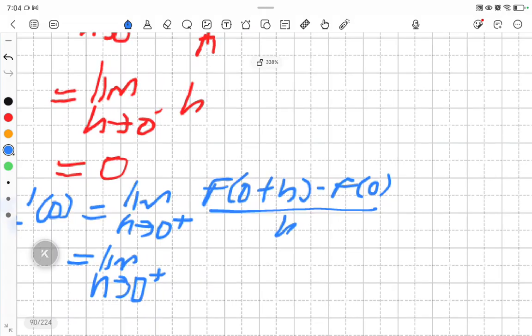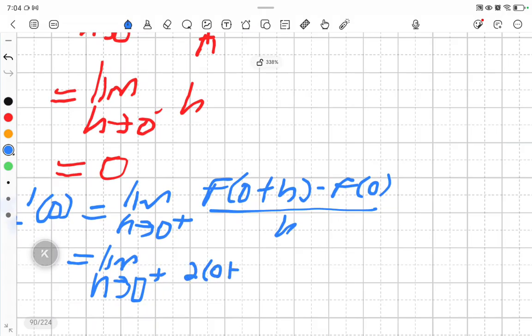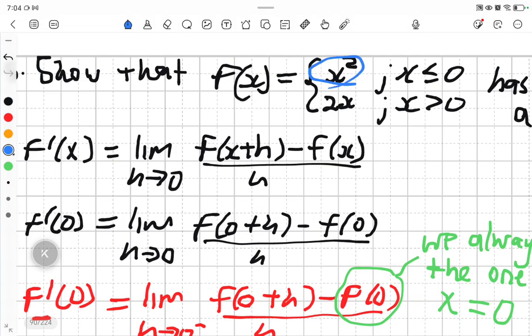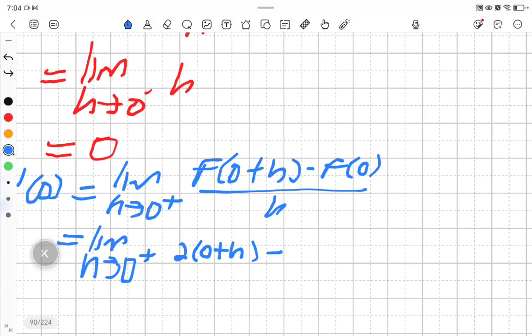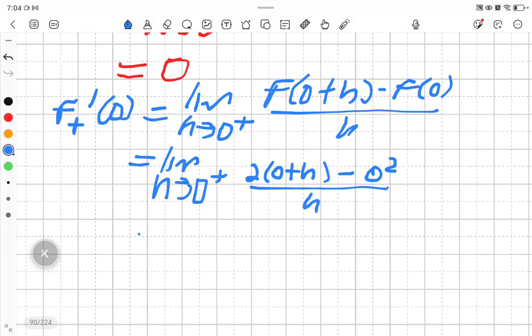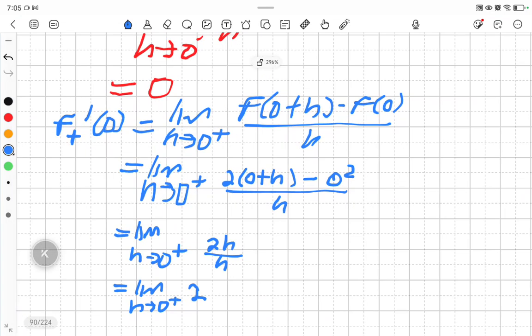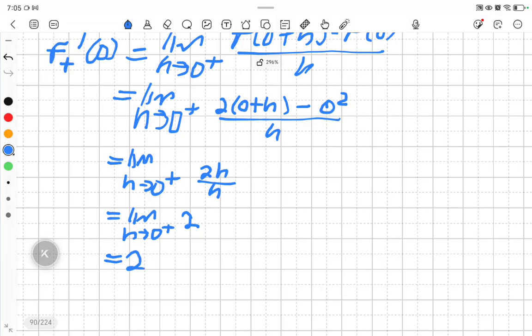So we're gonna put 2 times 0 plus h. And this one will always take the one which is equal to 0, right? And the one that is equal to 0 is x squared. So here we'll put 0 squared all over h. This will be the limit as h approaches 0 from the positive of 2h over h, and this would be the limit as h approaches 0 from the positive of 2, and that will be 2.